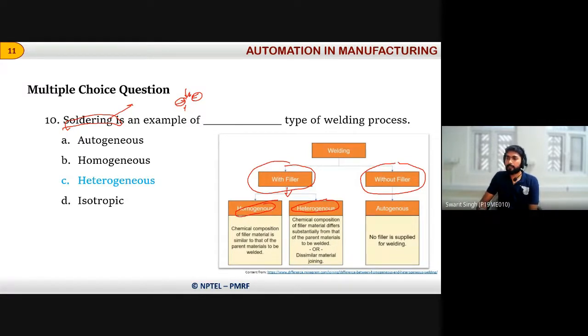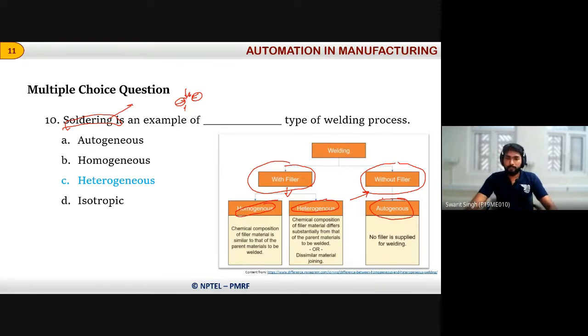Now there is another category of welding where we do not require any kind of filler. Those welding operations are termed autogeneous welding. Hope you all get the answer. A similar query was on the discussion forum also, so that's why I explained it.